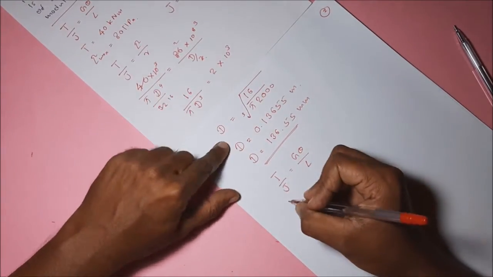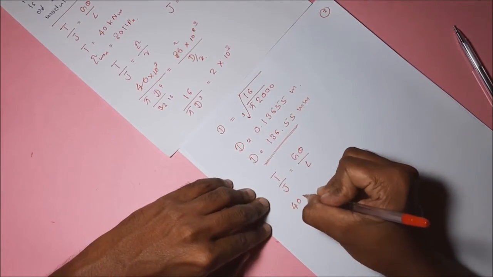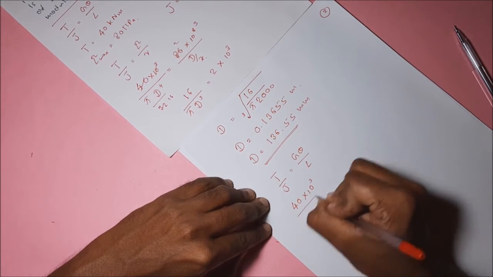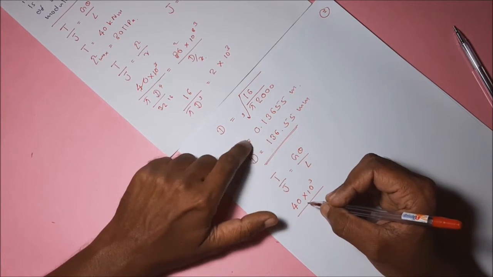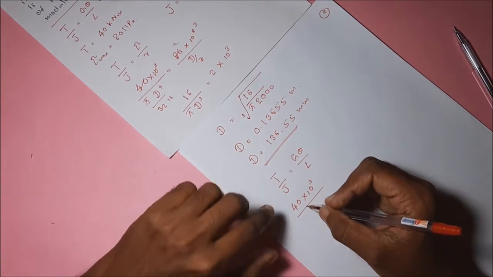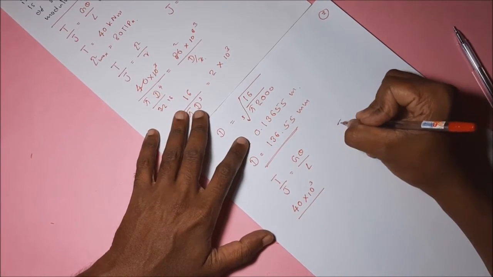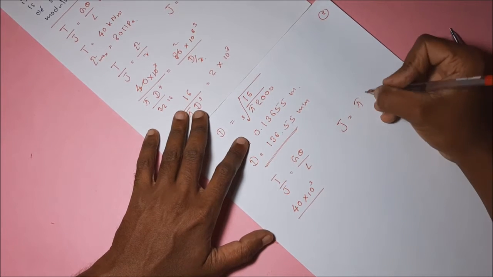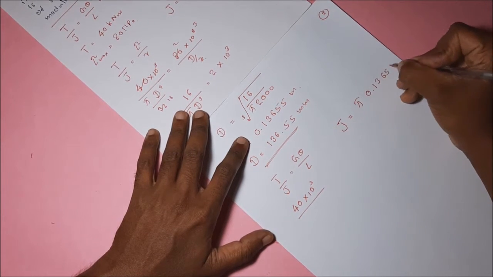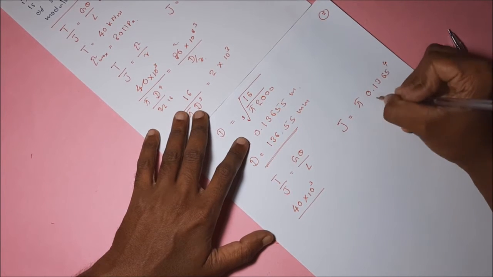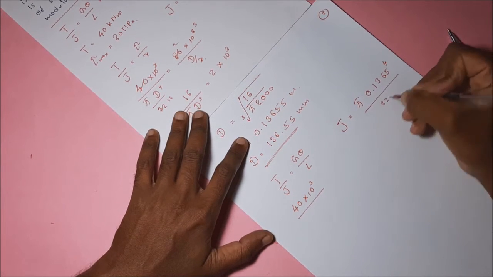So what is the torque applied? 40 into 10 to the power of 3. Then now we know the T value. Then we can directly find the J also. J is equal to pi D^4 over 32, 0.1365 to the power of 4 divided by 32.